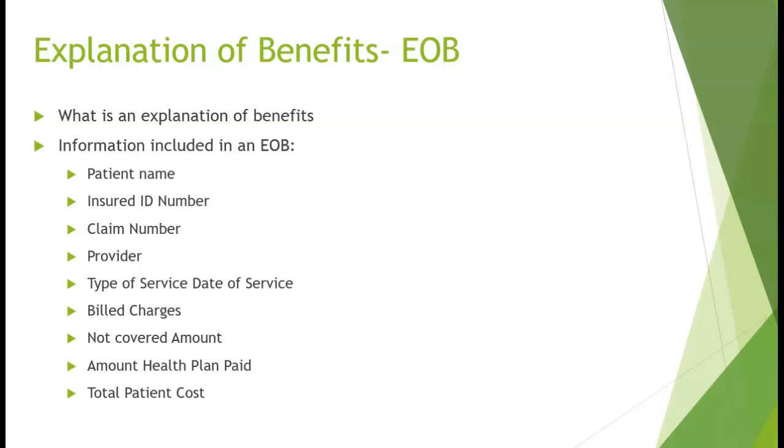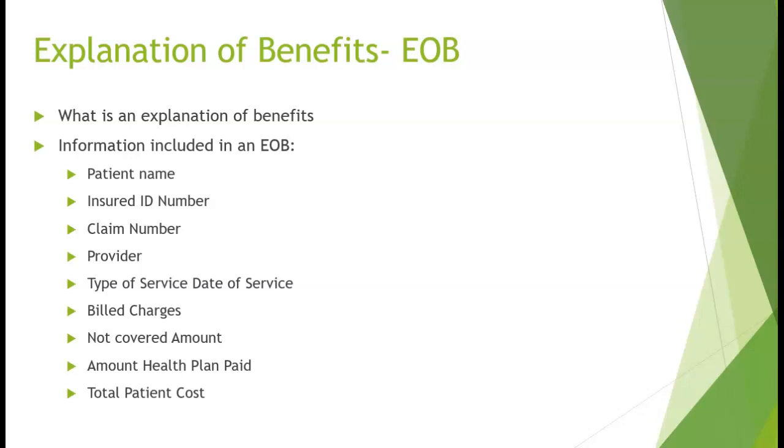It might be none of it if the services weren't covered by their plan, or if the full cost was applied to their deductible and deemed their responsibility. A patient should receive an EOB if they have insurance that they purchased on their own, a health plan from their employer, or Medicare. And depending on where they live, they might get an EOB if they're enrolled in Medicaid and received healthcare services.